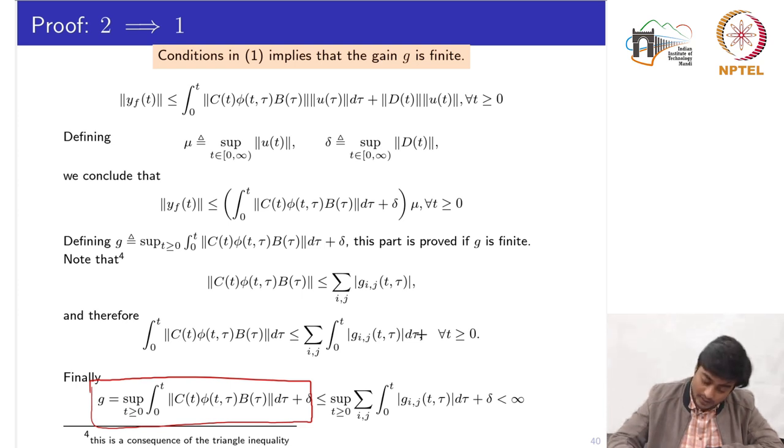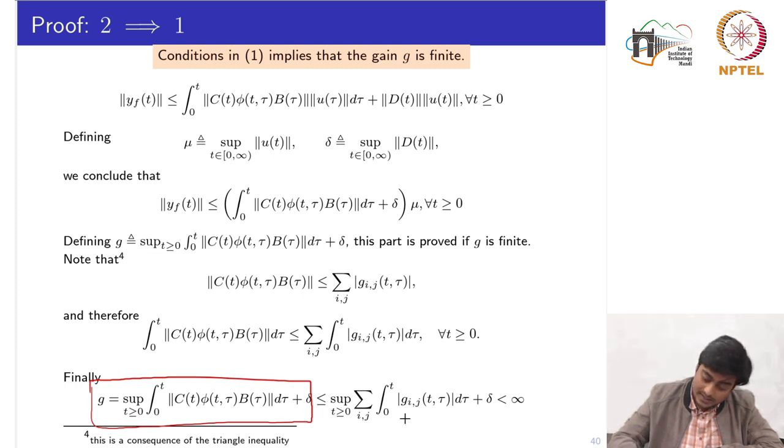Okay, so from here to here I have done two things. I have added the delta on both sides first of all, and then took the supremum. So the left hand side is nothing but what we had defined initially, the gain factor G.